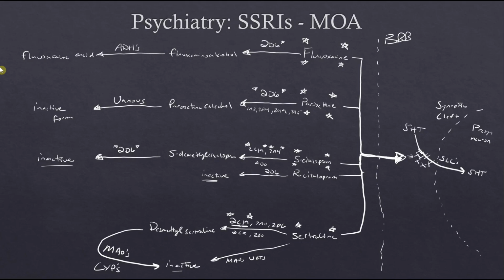And what SSRIs do, and this is actually contained in their name, selective serotonin reuptake inhibitors. They prevent the reuptake of serotonin in the synaptic cleft back into the presynaptic neuron through SLC transporters. So you can see here, they block the transporters from transporting 5-HT back into the presynaptic neuron, therefore increasing serotonin concentrations and theoretically having the antidepressive effect.